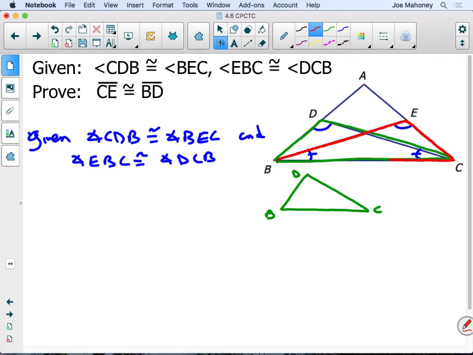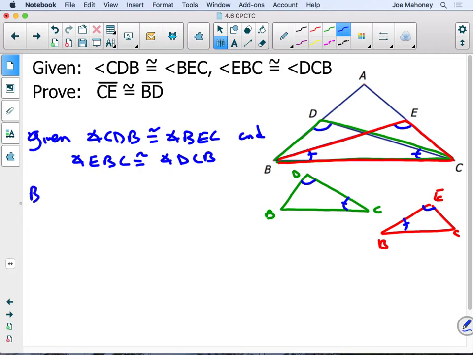You remember from doing triangle congruency that sometimes if these triangles overlap, it's good to separate them a little bit. In those, I have these two angles congruent and these two angles congruent.